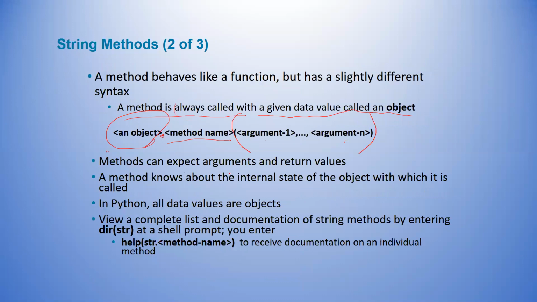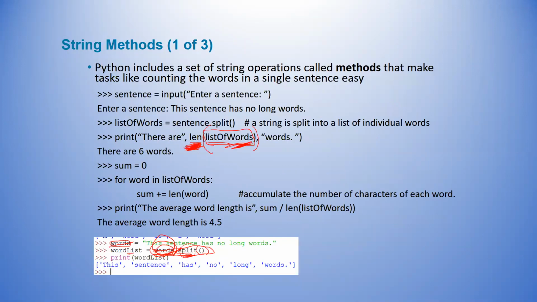Methods can expect arguments. I already talked about that. You can have no arguments or one or two or more. And return values. They give you back a value, okay? If you look at this, always remember the right side.